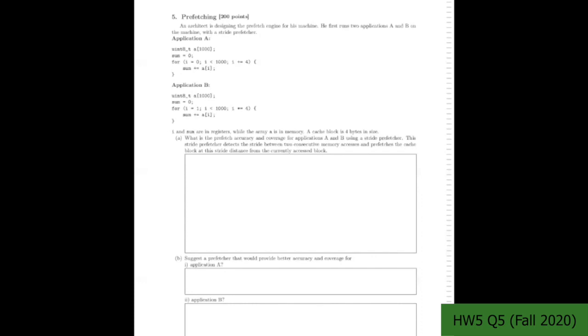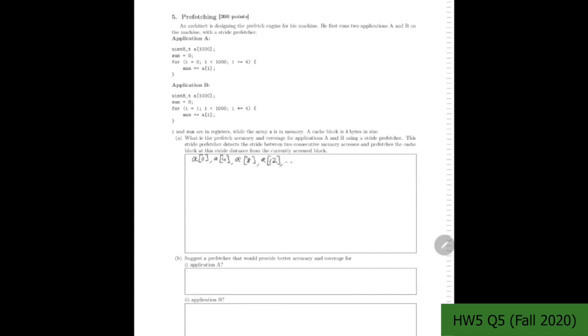The first question is, what is the prefetch accuracy and coverage for application A and B respectively using a stride prefetcher? Now, to understand the coverage and accuracy of a stride prefetcher in application A and B, let's first try to understand how many memory accesses application A would generate. Application A would access elements A0, A4, A8, A12, and so on.